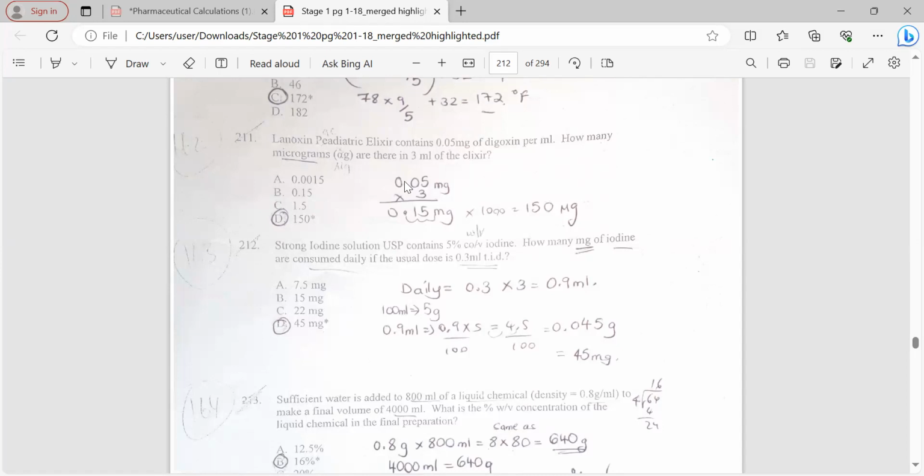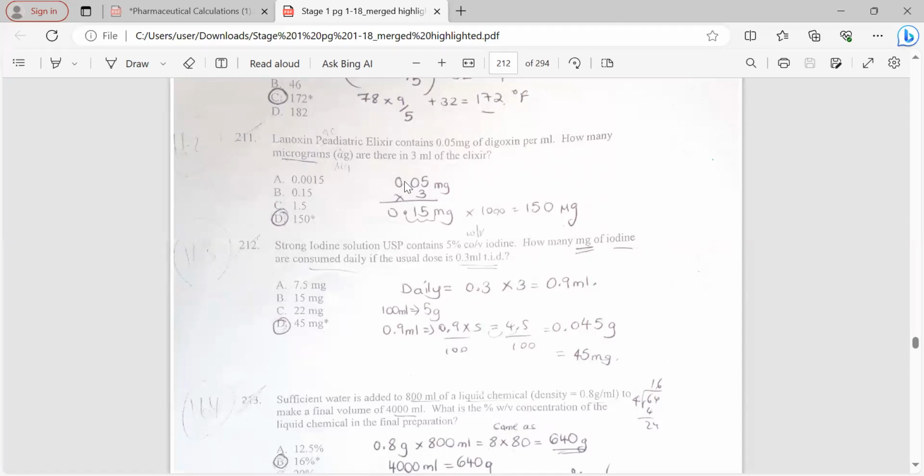Whichever you choose to do. So 0.5 milligrams is in 1 ml. So in 3 ml, we will have how many? 0.15 milligrams. Then now you convert 0.15 milligrams to micrograms.